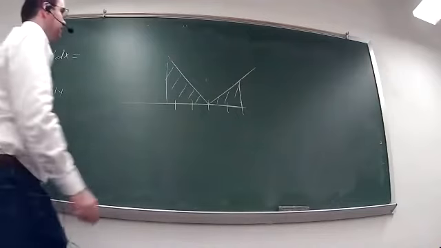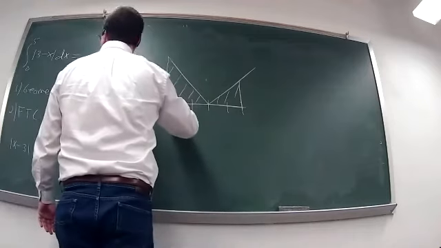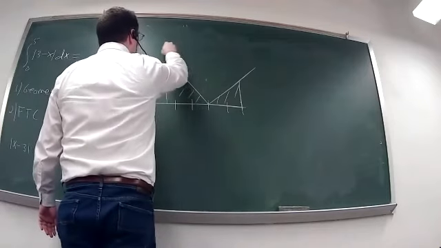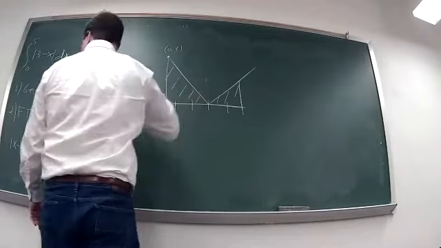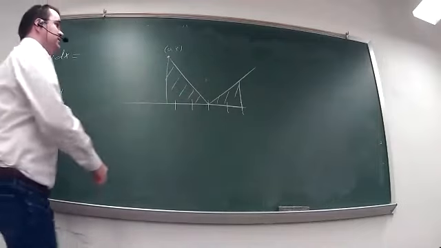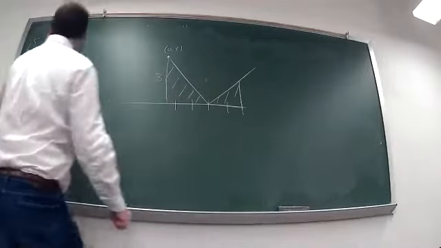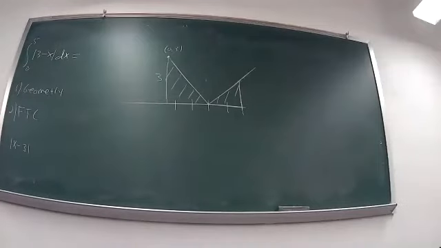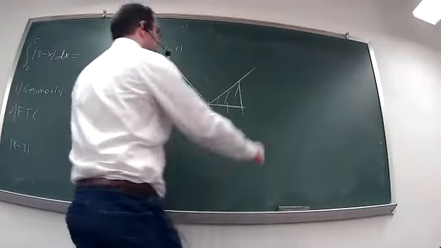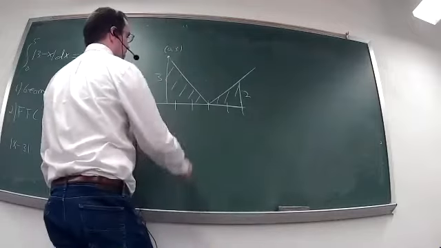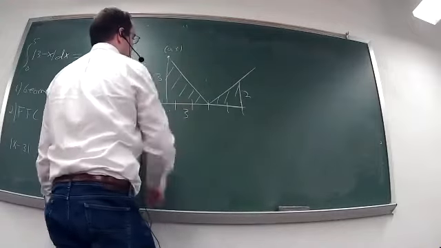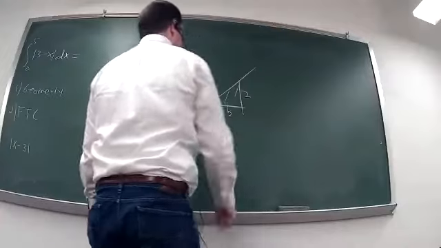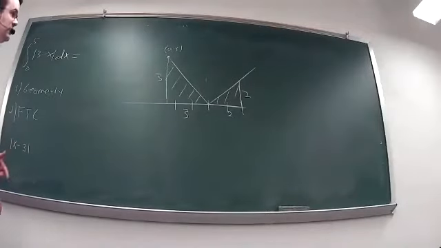So we're trying to find the sum of those two triangles. When x is equal to 0, y is equal to 3, so this length is 3. When x is equal to 5, y is equal to 2. So this is a triangle with base equal to 3, height equal to 3. This one's a triangle with base equal to 2, height equal to 2.